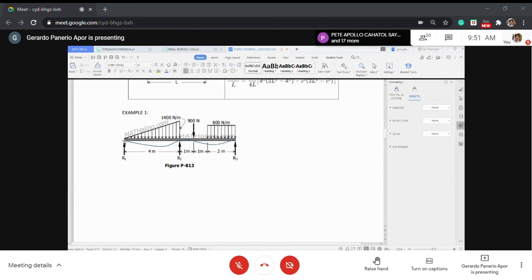At the left support or the right support, it is zero. Again, why is it zero? Because it is supported by a pin and a roller. The middle is not zero because although this is made up of a pin, it is continuous, so it will hold moment.